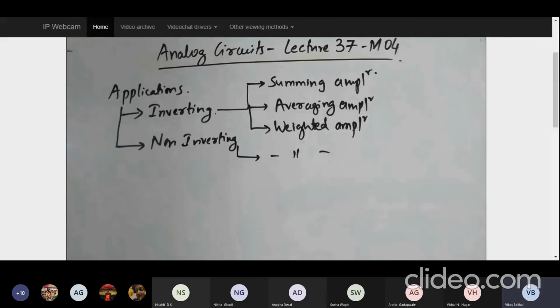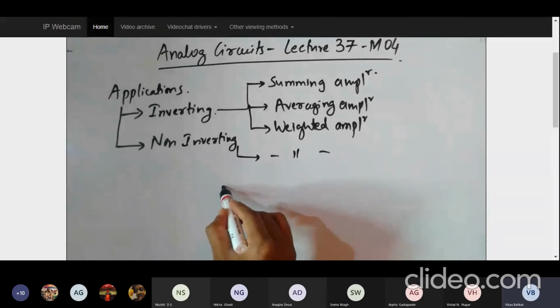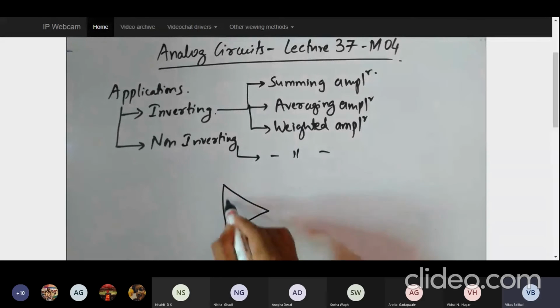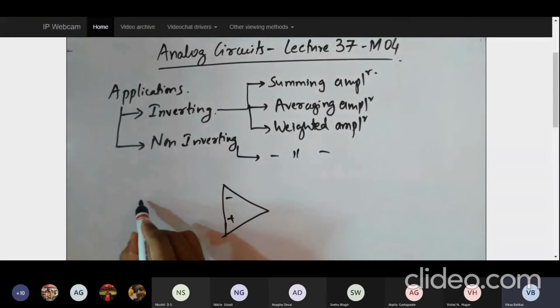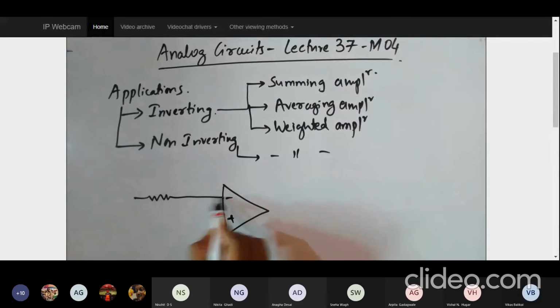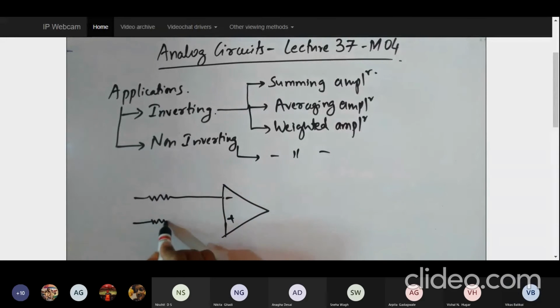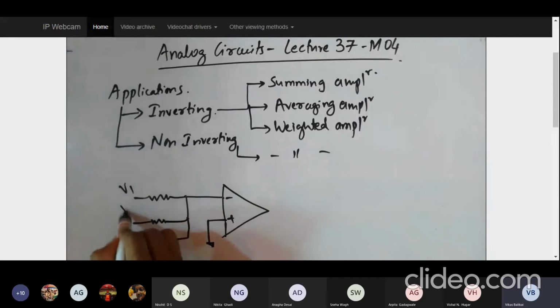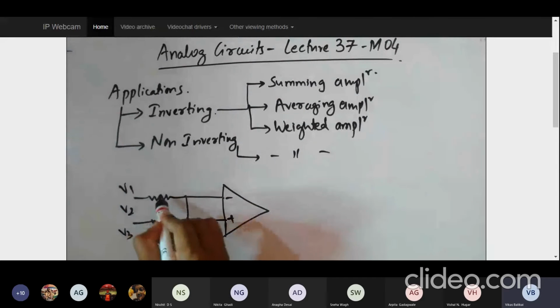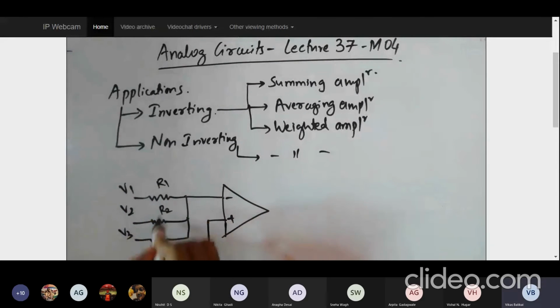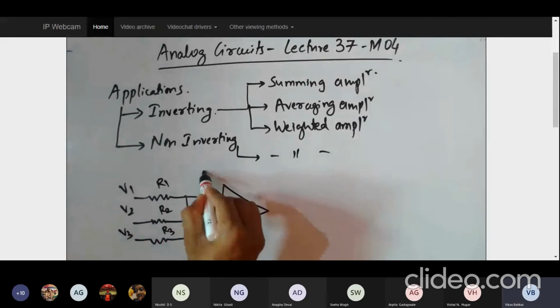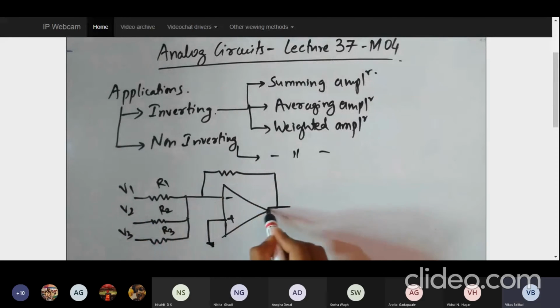Now let me just draw the circuit of the inverting configuration that we have discussed. In the inverting configuration, we draw the op-amp, and whatever input we give goes towards the inverting terminal. We gave the inputs V1, V2, V3 with resistances R1, R2, R3, and there was a feedback resistance over here, and I took the output over here.